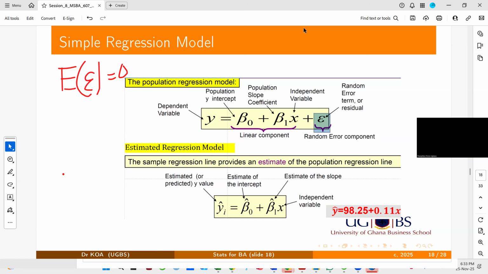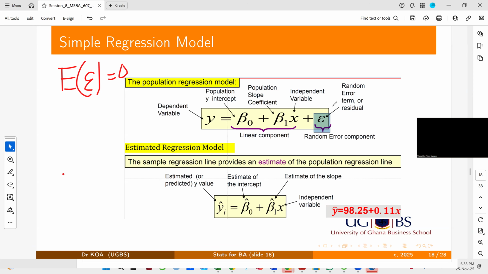Remember, the expected value of any random variable is the mean. So the expected value of the error term should be equal to 0. So when you get the errors, some of them will be positive, some of them will be negative. Your job is to have a proper model that will neutralize all and eventually give it a value of 0.